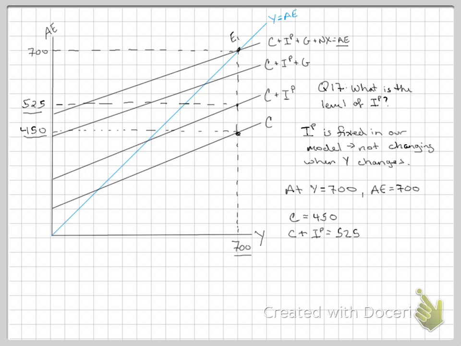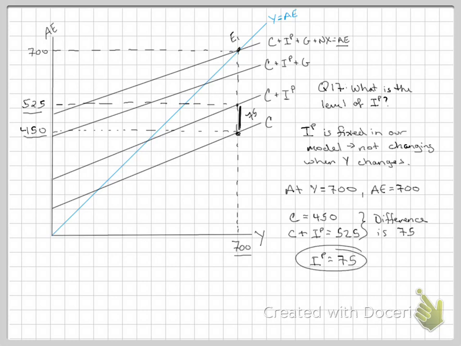This means that in order for us to figure out what planned investment spending is, all we've got to do is subtract 450 from 525, or take the difference between these two lines. What is that difference? That difference is 75. That means that this area right here is $75 or 75 units, however you want to measure this. So this difference of 75 is exactly equal to the planned investment spending amount.